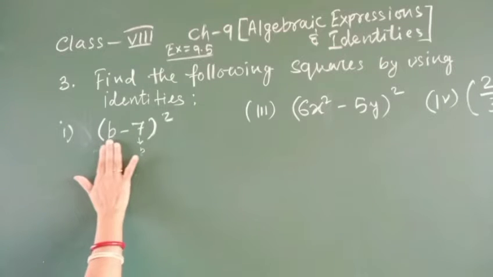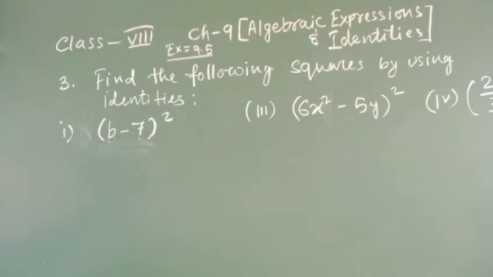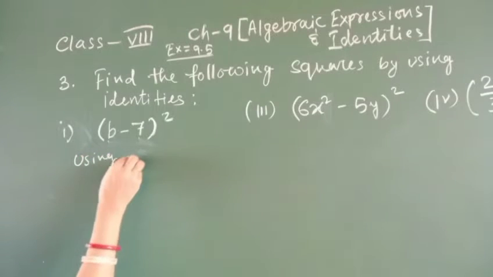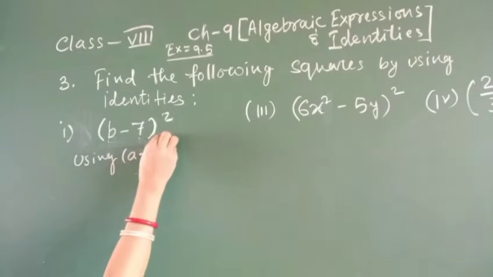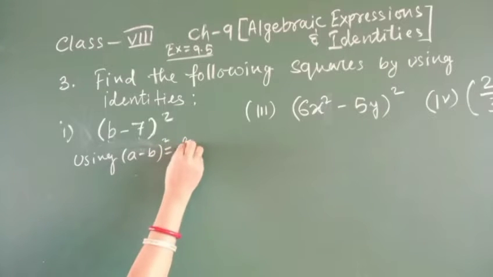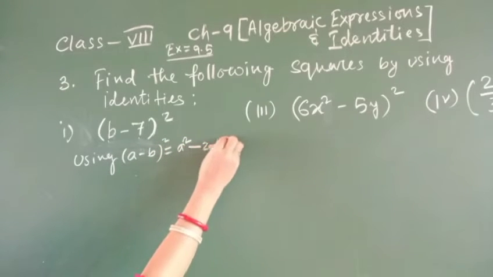So using the a minus b whole square identity, a minus b whole square is equal to a square minus 2ab plus b square.